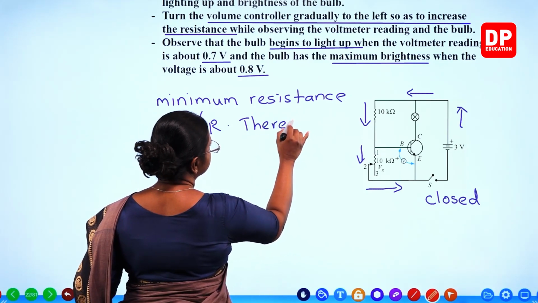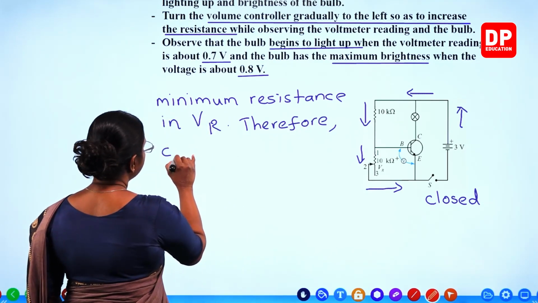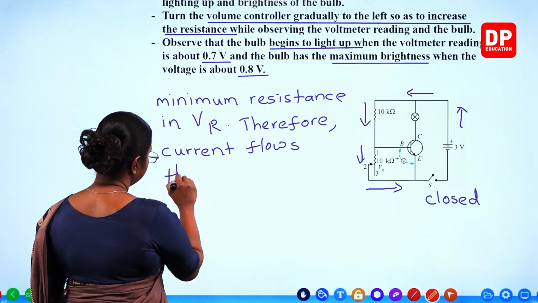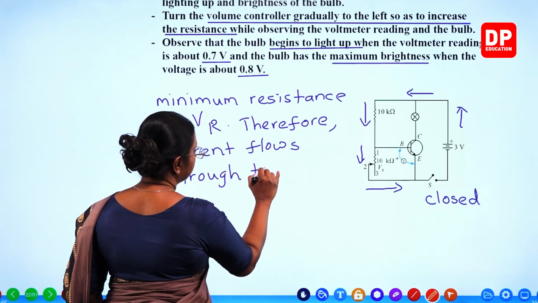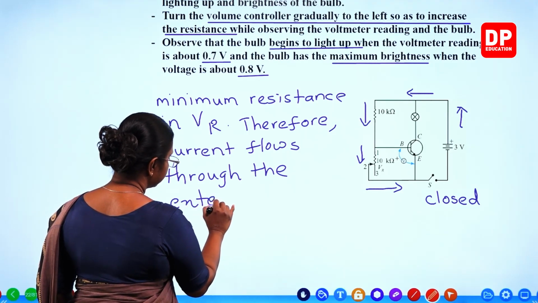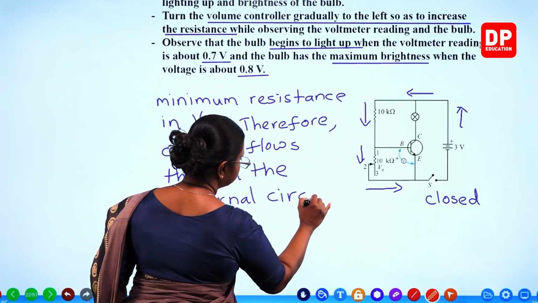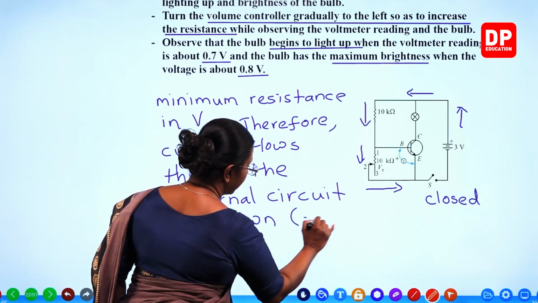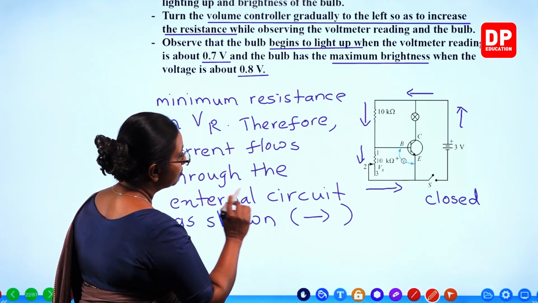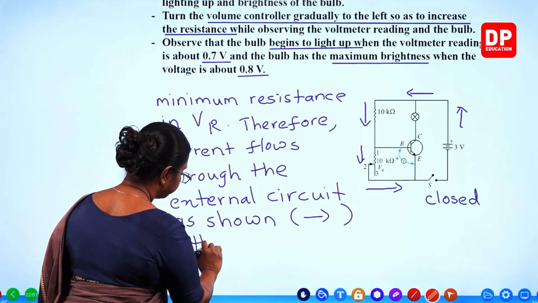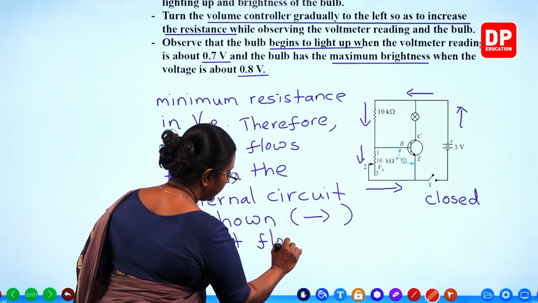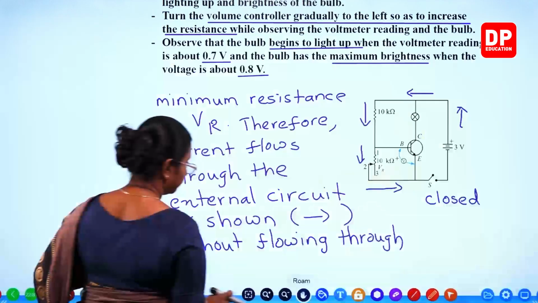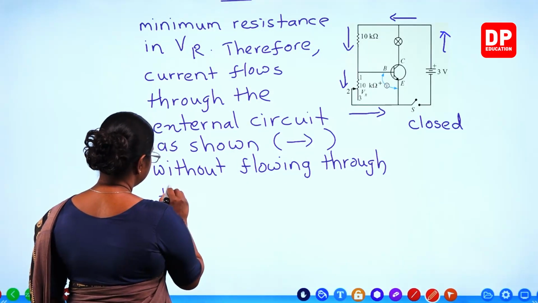Therefore, current flows through the external circuit as shown, that is by the blue color arrow, as shown, without flowing through the transistor.